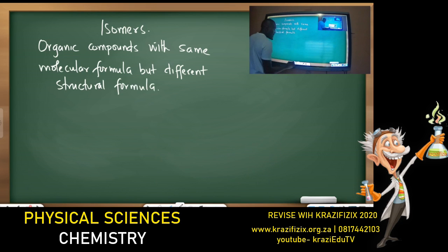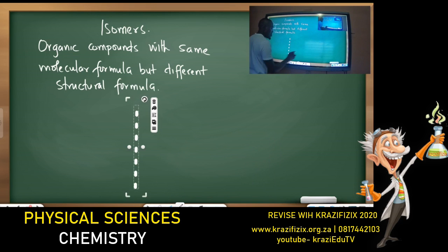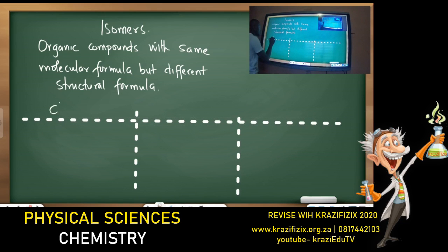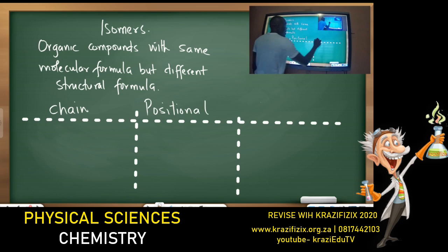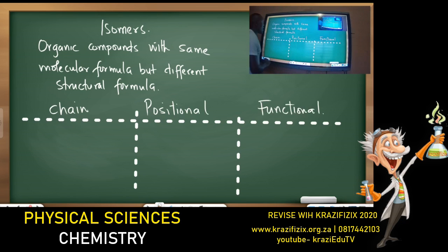However, there are 3 types. Let's look at the 3 types. We have chain isomers, positional isomers, and functional isomers. Let's define quickly. What are chain isomers?